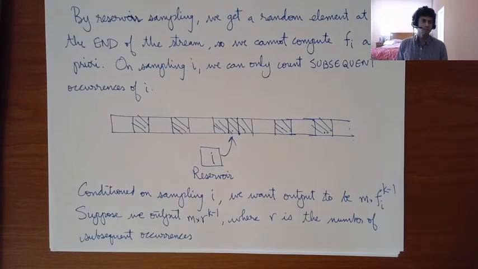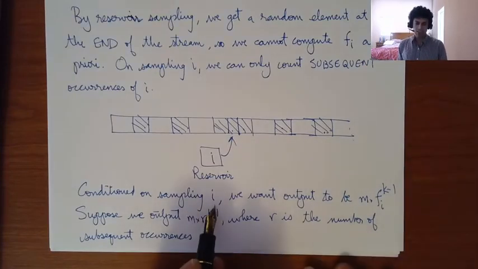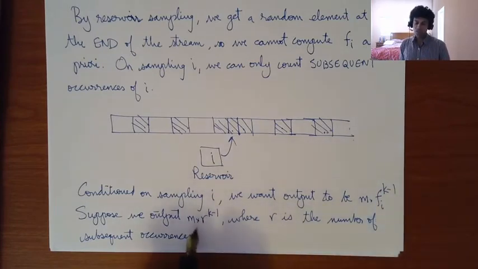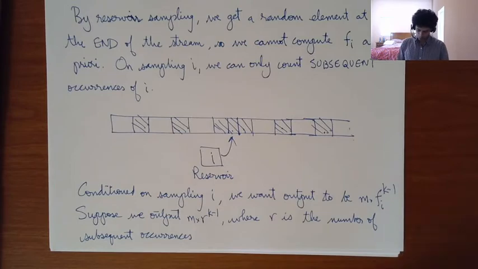Let's go ahead and see what we get. Conditioned on sampling i, we want to get f_i to the k minus 1 times m. Let's see what the expectation of this quantity is.